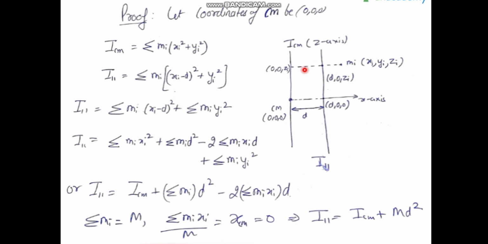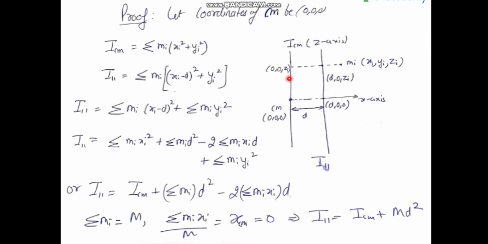See, this is the z-axis. On the z-axis, x and y both are 0. This is mi, the ith particle. Its position coordinates are xi, yi, zi. If I drop a perpendicular from this to the z-axis, at this point x and y both will be 0. Z will be the same zi. So this is xi, yi, zi, and this is 0, 0, zi.